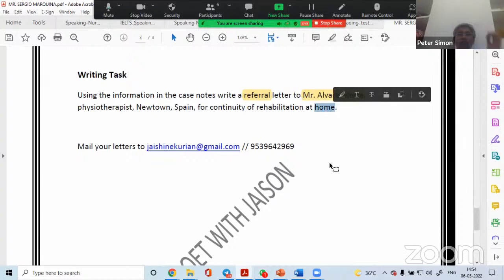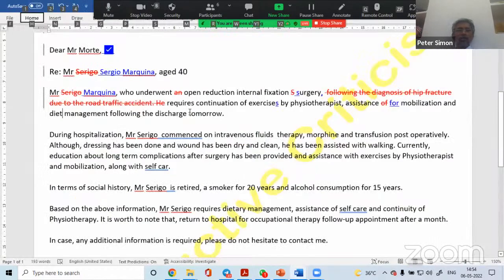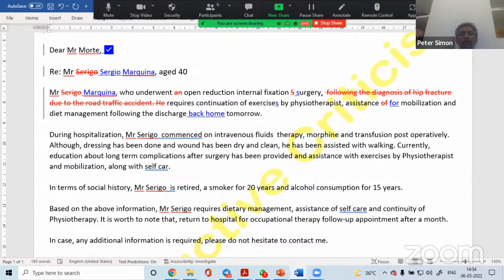So back home is going back home. Discharge back home, you can write that one. Is that clear? So that's fine. Next one, during hospitalization, very good. So here you can write.